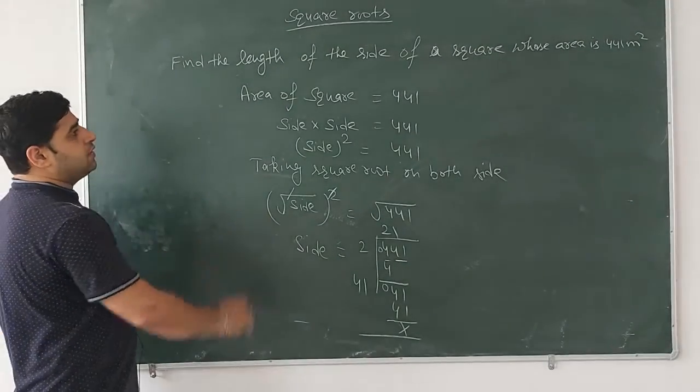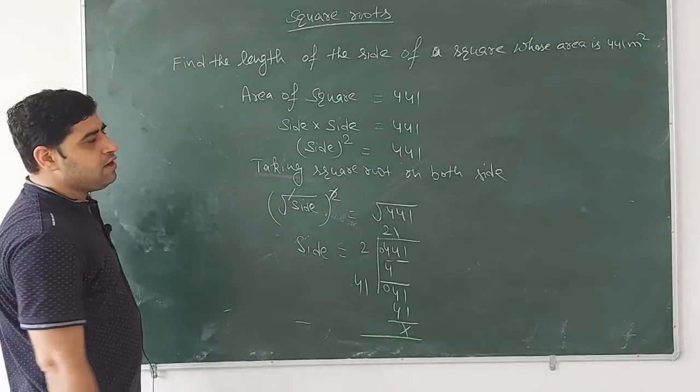Make a pair, 2 twos are 4, 41 will be carried down, remainder 0, here we write 1. This is 21. So the side of the square is 21 meters.